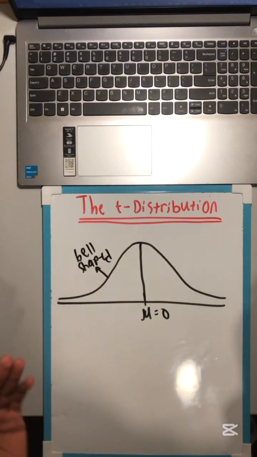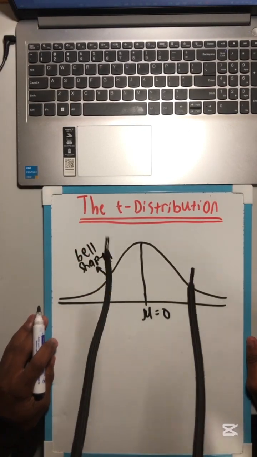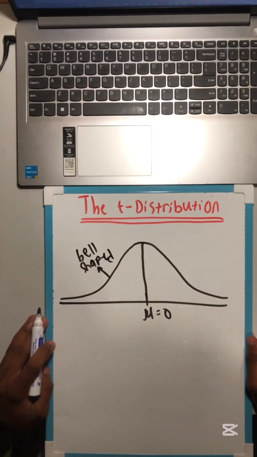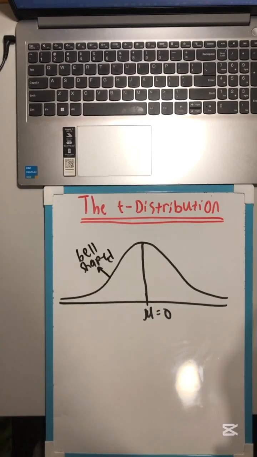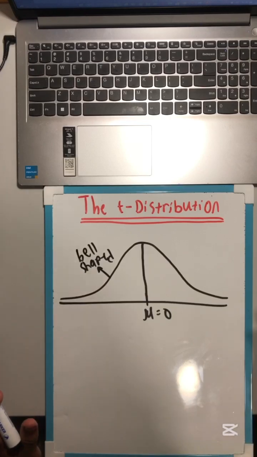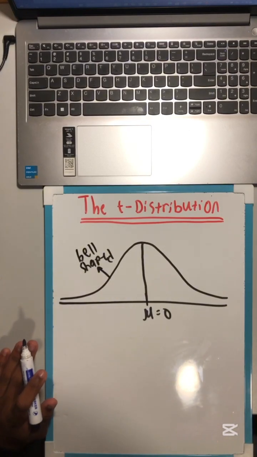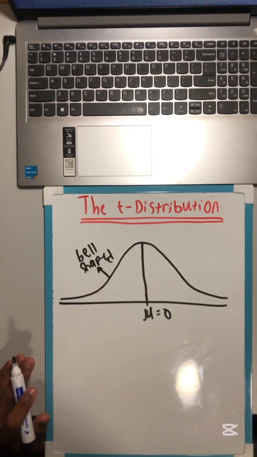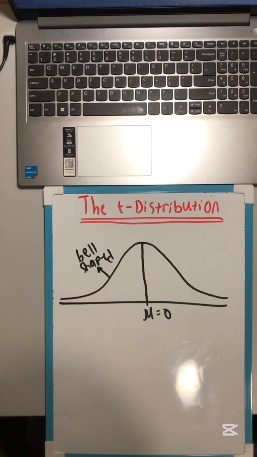So it's a great alternative because there's not much difference between the T distribution and the Z distribution.